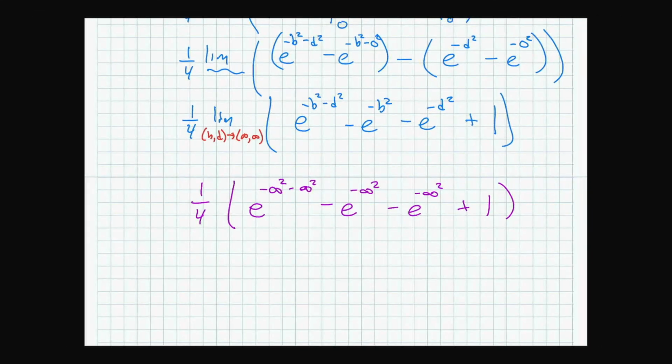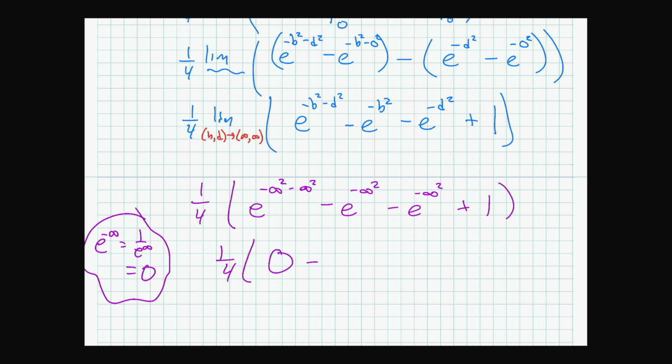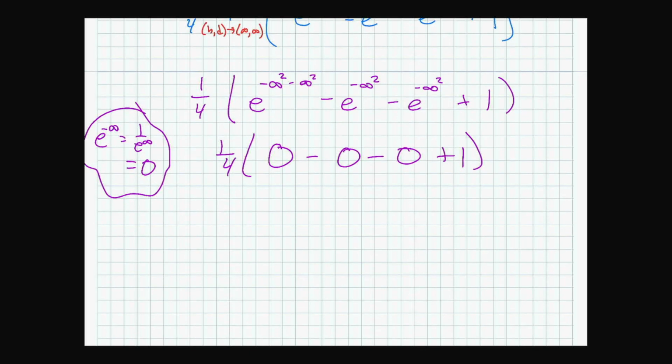And remember that e to the negative infinity is 1 over e to the infinity, which is 0, right? So this is just 1/4, 0 minus 0 minus 0 plus 1, or 1/4.